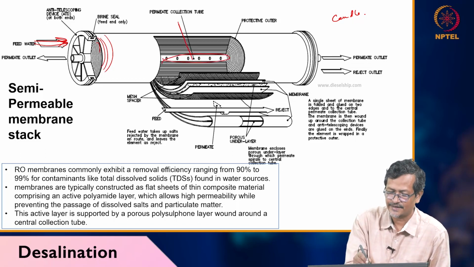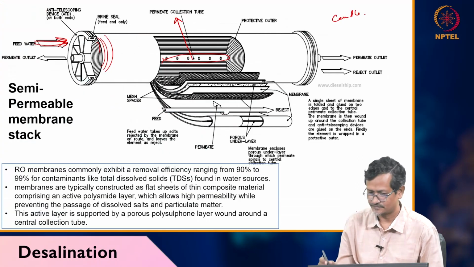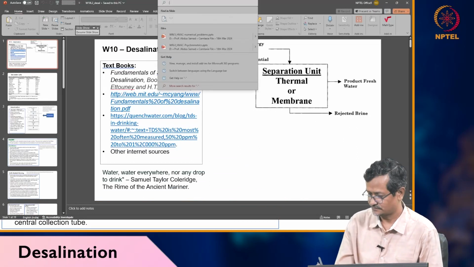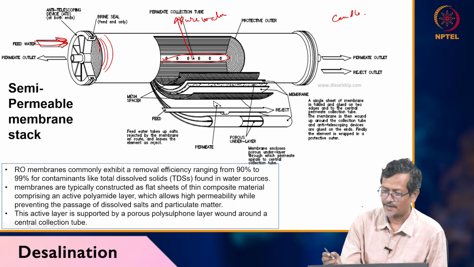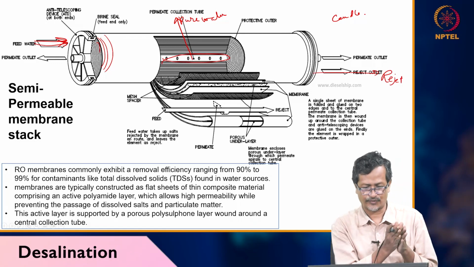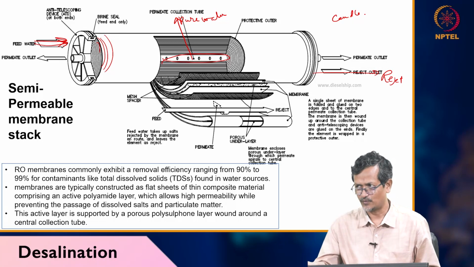You are collecting pure water here, and your reject, the rejected water, is going here. It flows through several layers of your membrane, then you are getting water.